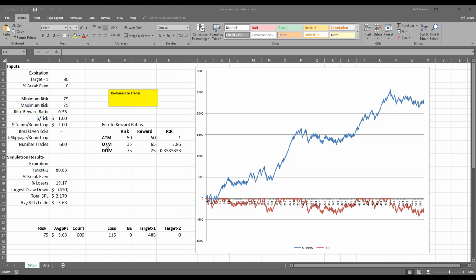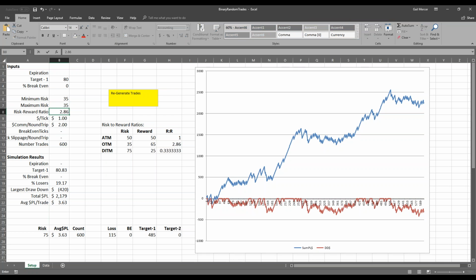Okay, let's go to the out of the money. We're going to risk 35 per trade, and the risk to reward is going to change to 2.86. Now we do not need a high profitable percentage. Does anybody know why?